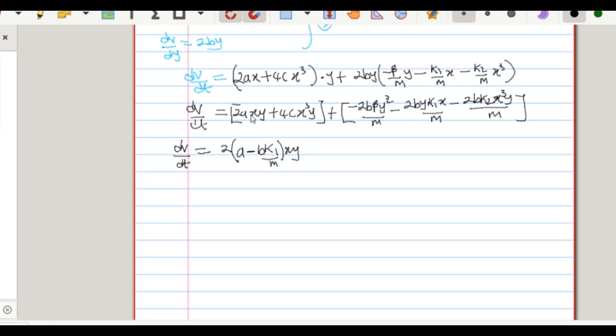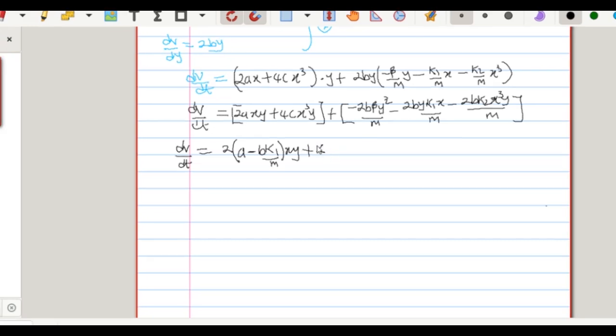This and this will be collected together, plus 2 into 2c minus b k2 over m into x to the power of 3 y. So this and this will be outside. We are left with this term, which will be minus 2b beta y squared over m. Let's call this equation star.